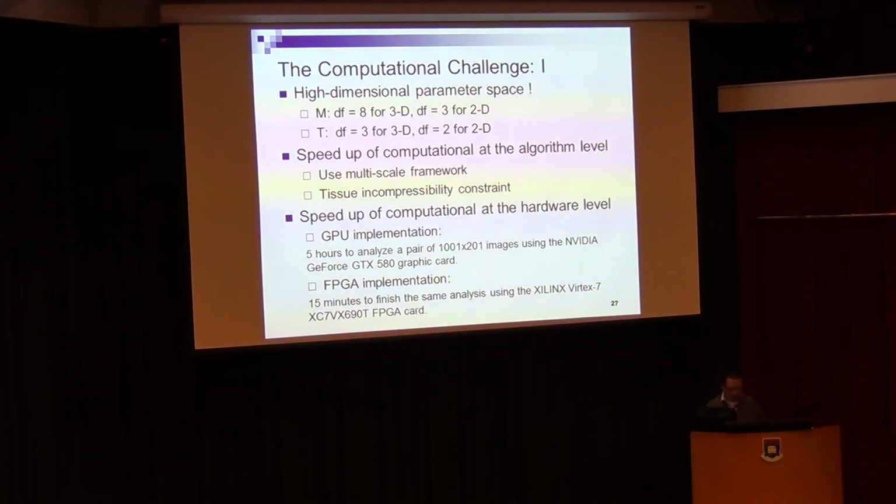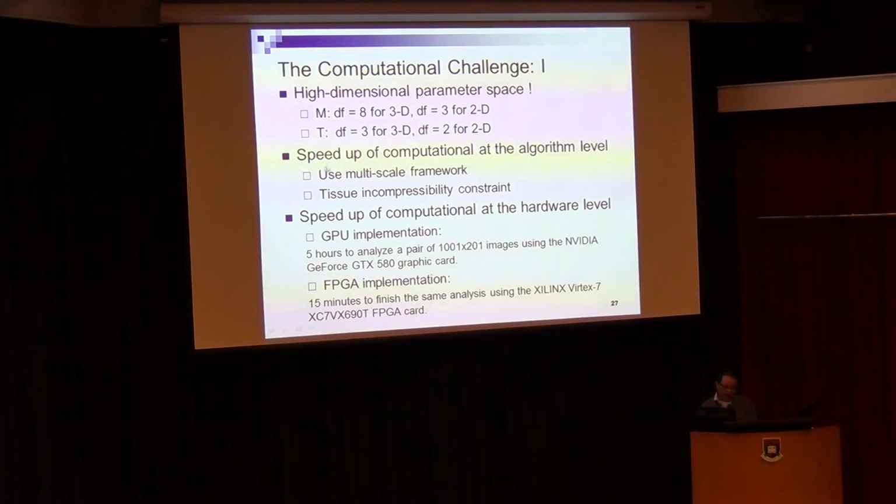So, okay, then it comes down to the challenging part. That A matrix has 12 parameters. Even if we use the tissue incompressibility constraint, we still have 11 parameters for 3D. For 2D, it can be simplified, but we still have 5 parameters. And actually, using brute force to solve this problem is very time consuming, because you have to search with very small steps, and the range is relatively large.